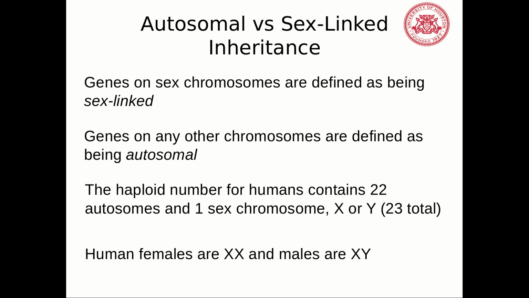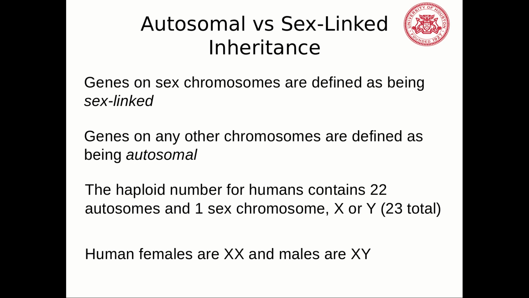It can be kind of confusing in plants, but it's pretty straightforward in animals and insects such as flies. A gene on a sex chromosome is defined as being sex linked, and in humans, of course, it's X and Y. So genes on other chromosomes are defined as autosomal.